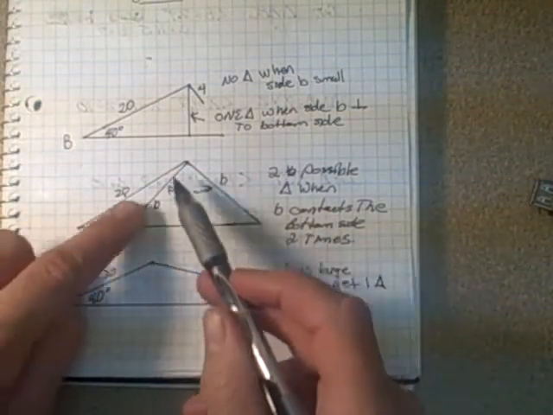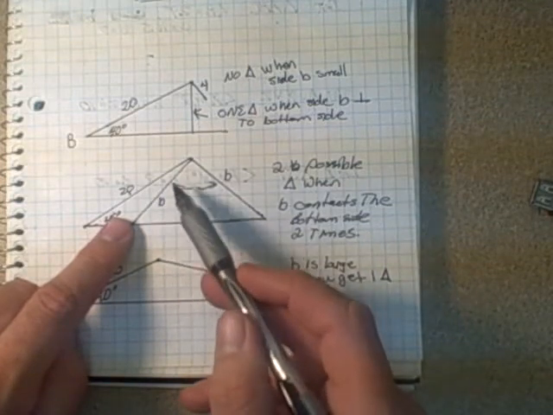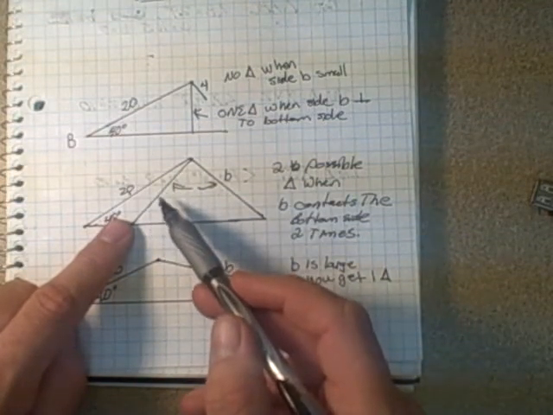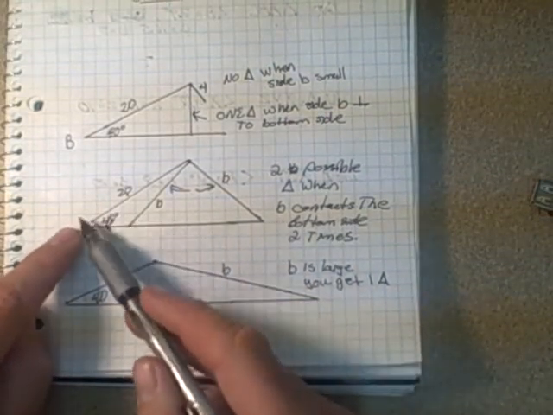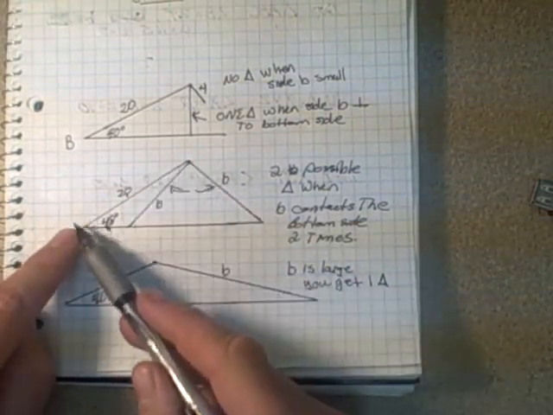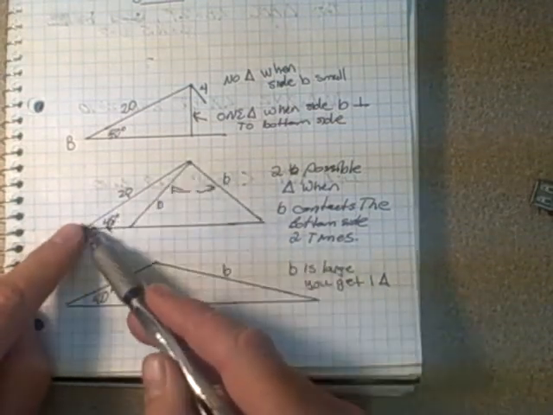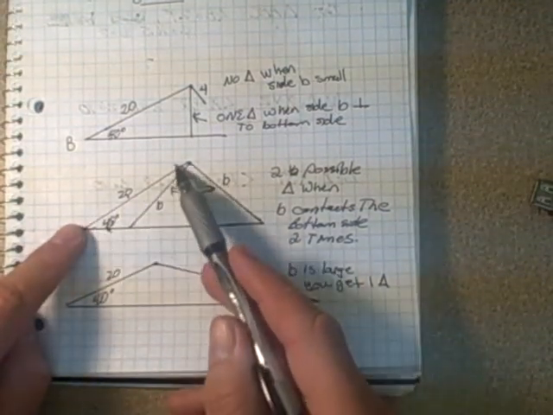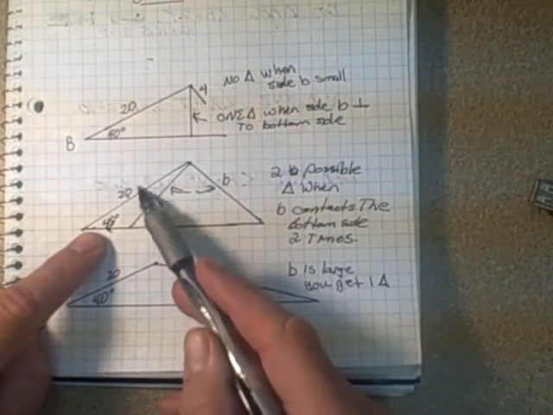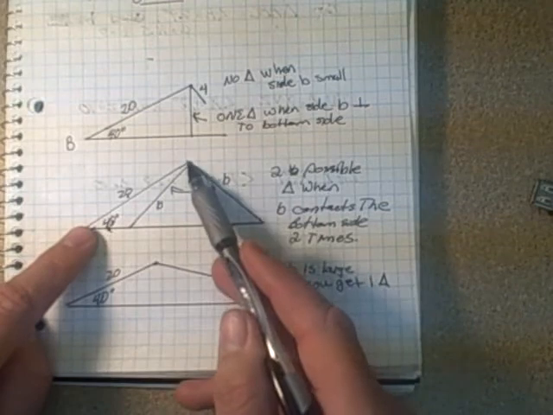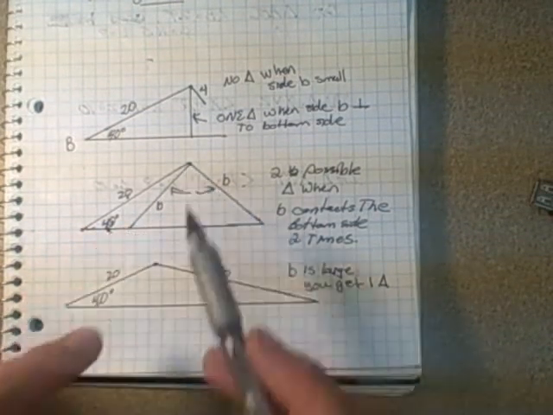And also, the opposite side will be less than the adjacent side, so that the adjacent side is the longest side. So the sine of this angle times this side will be shorter than the opposite side, and the opposite side will also be shorter than this side. Okay?